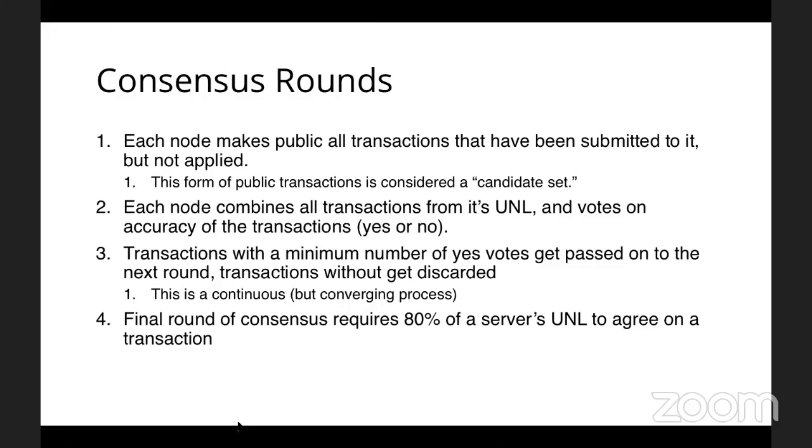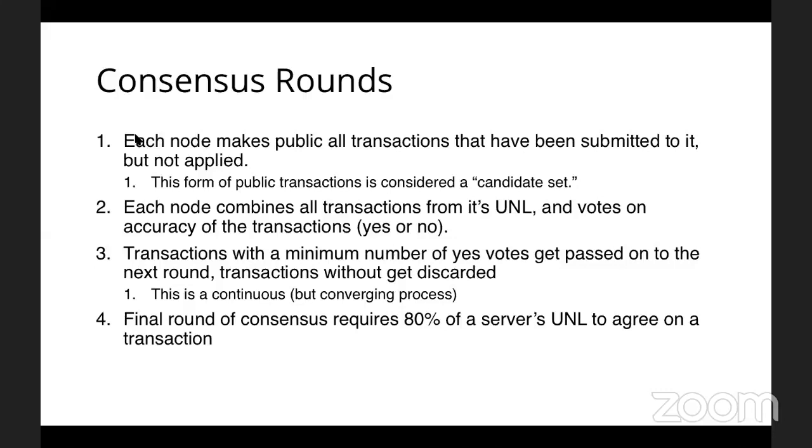So if that all makes sense, we can look at how their consensus algorithm actually works. First of all, it goes in several rounds until we get to this fourth step here, where 80% of a server's unique node list agrees on a transaction, and then we can make that transaction part of the last closed ledger. But before that happens, we go through steps 1 through 3 over and over again, where first each node makes public all the transactions that have been submitted to it but not applied.